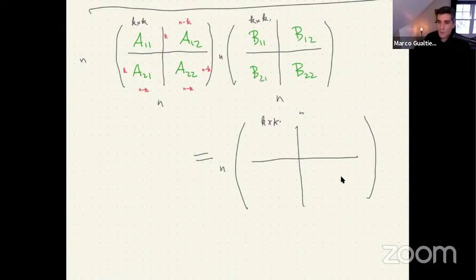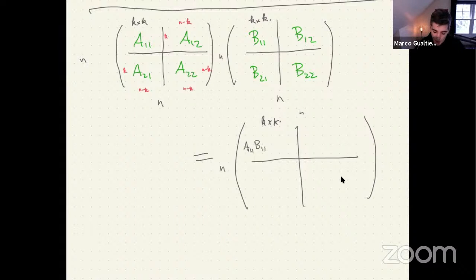So these are the blocks. Notice that it makes sense to multiply A11 times B11, and that will give you a k by k matrix.